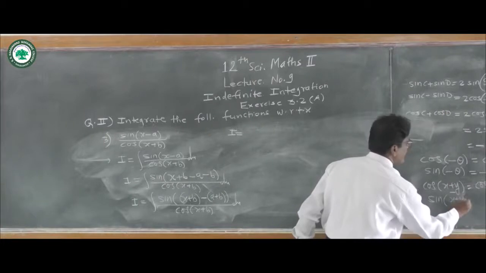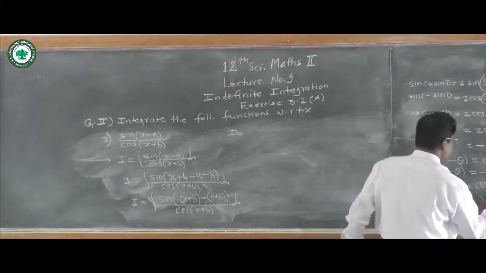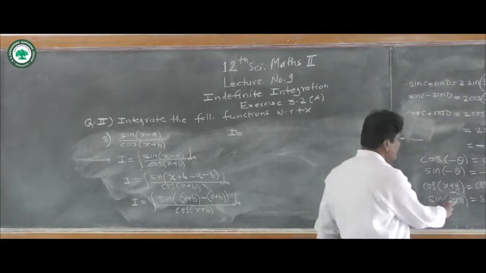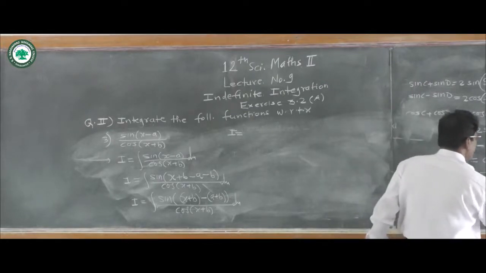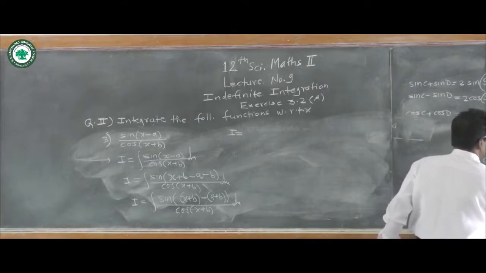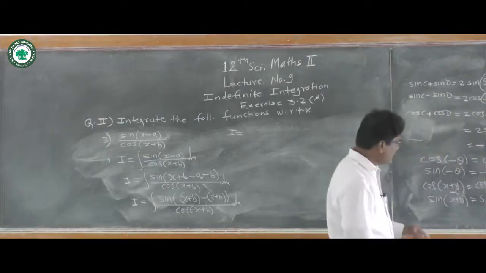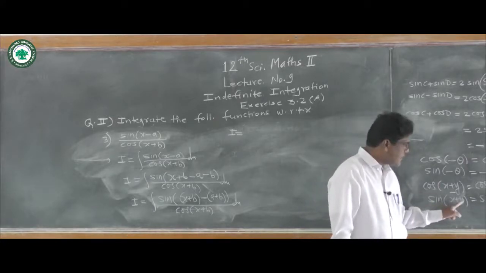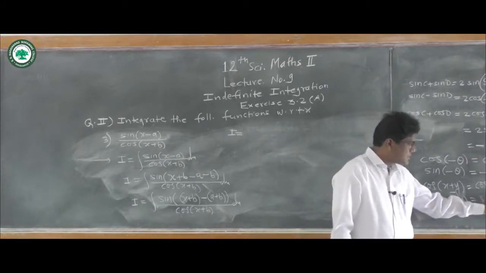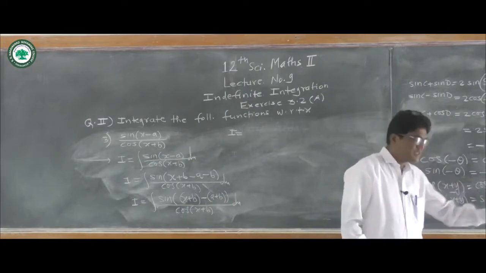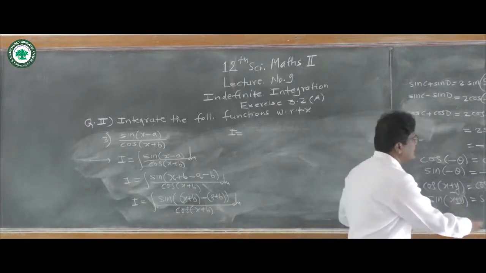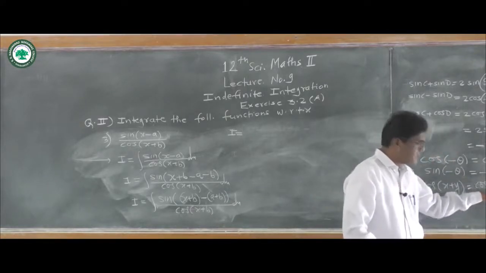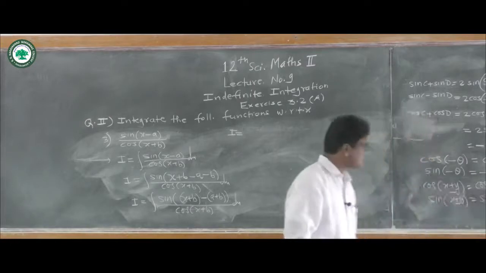Suppose x plus y: sin of x plus y is sin x cos y plus cos x sin y, which we learned in the 11th standard. If there is a minus sign, take minus here also, so sin of x minus y is equal to sin x cos y minus cos x sin y.